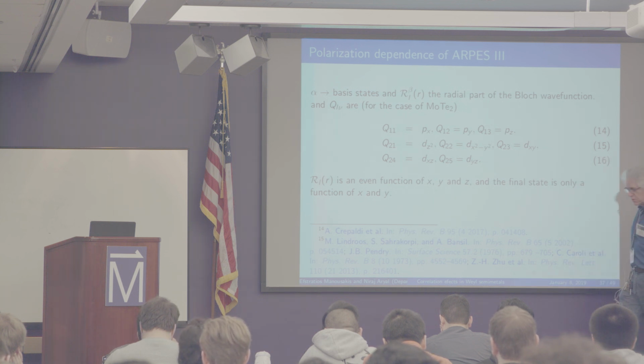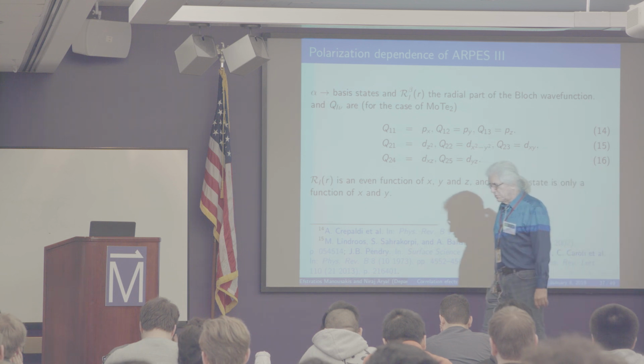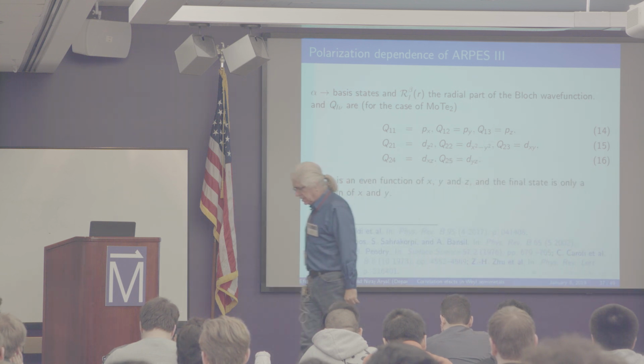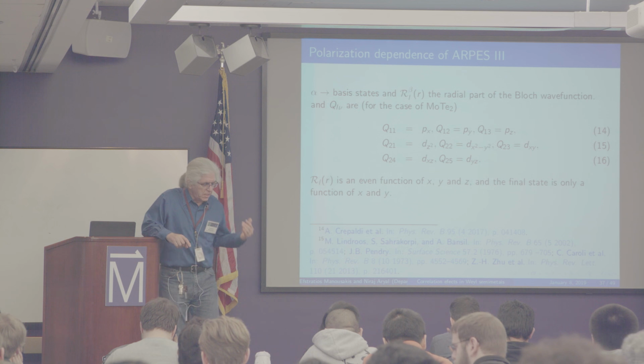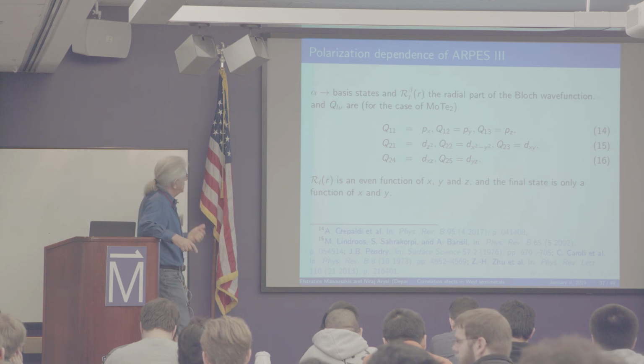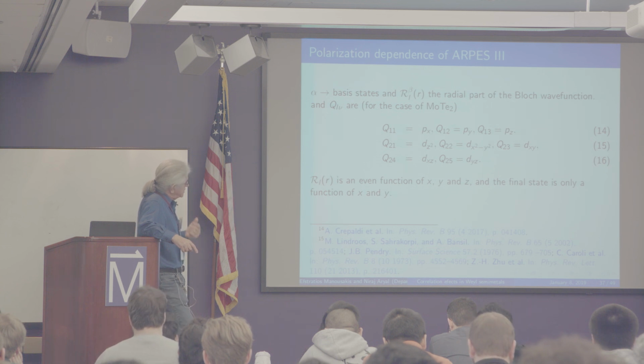Not all of them contribute equally to the ARPES intensity. It depends on the polarization of the light that ejects out the electron.